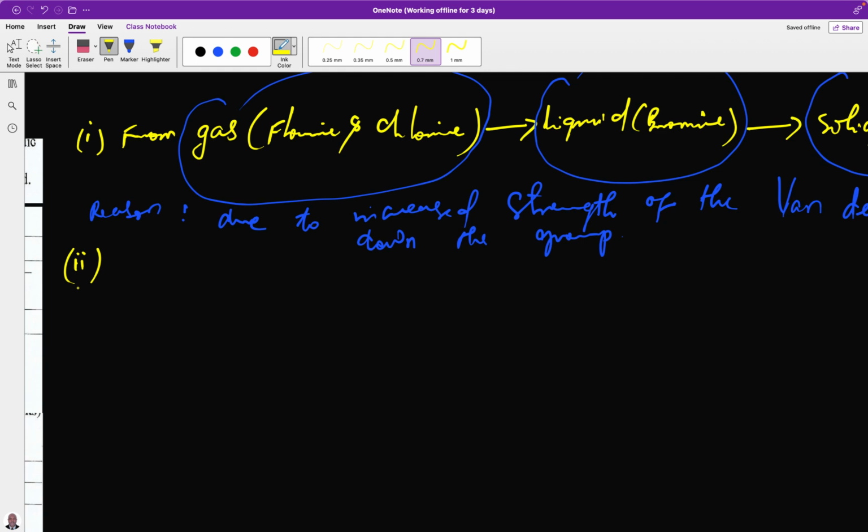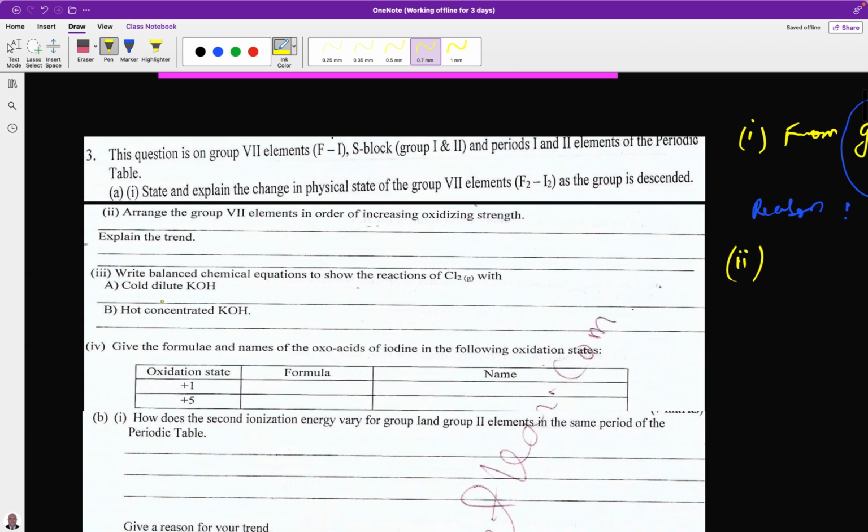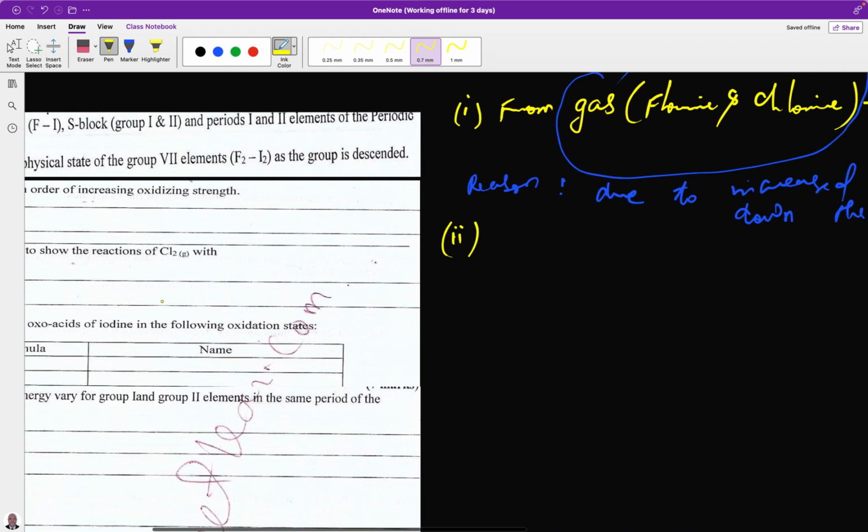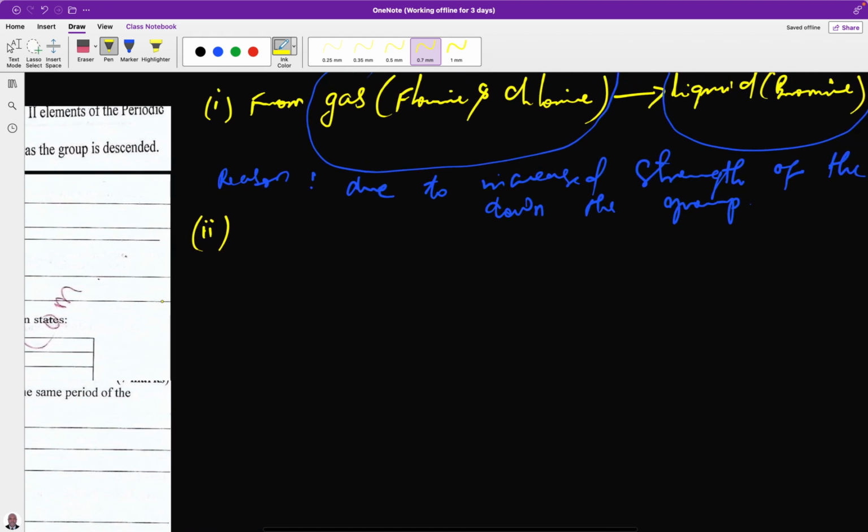We can now say that the oxidizing ability is in this form. We will say, because they have said, arrange the elements in order of increasing oxidizing strength. Increasing oxidizing strength, that is from the lowest to the highest.